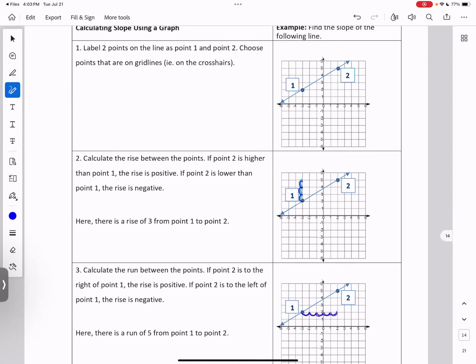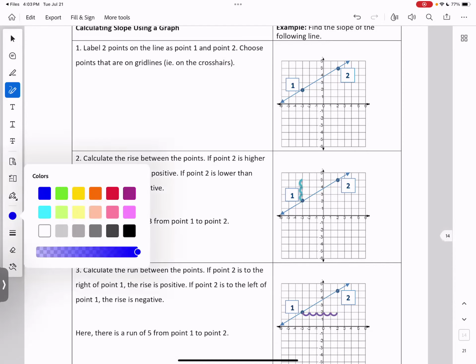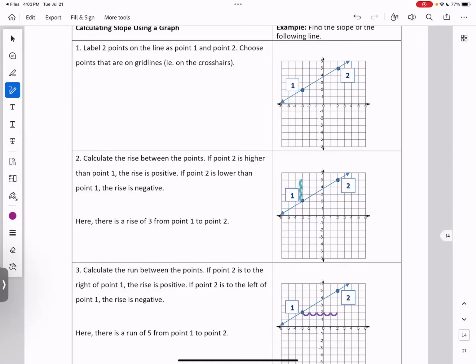Just to show you that it doesn't actually matter whether I pick what I label as point 1 and 2, let's just switch it up. Maybe I'll change to purple now. So what happens if I made this my point 2 and I made this my point 1? Well, my rise is going to be what? I'm going from point 1 to point 2, so I have to go down 3. So my rise is negative 3.